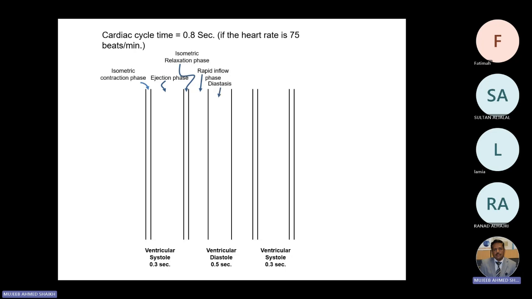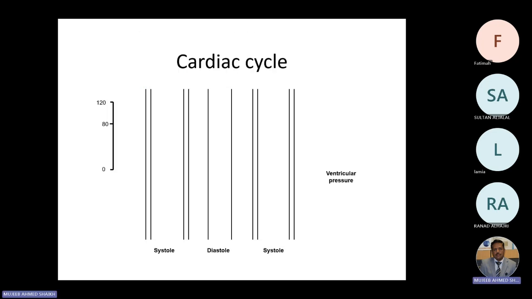That is, whatever blood is coming from the pulmonary circulation will reach the left atrium and then be poured into the left ventricle without any resistance. That's called diastasis. But in the last one third, again the atria will contract. This is called the atrial systole. And the same thing, the cycle will go on.